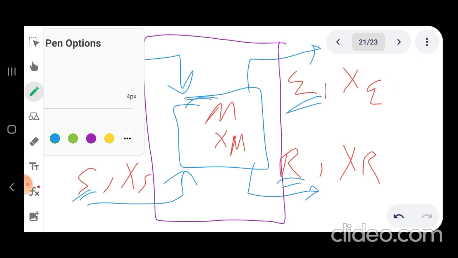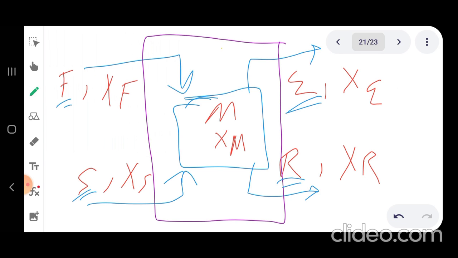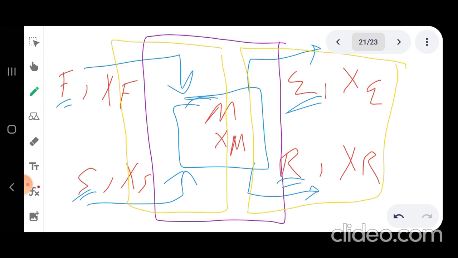Now suppose you want to do material balance on subsystems. For example, you want to do material balance only on this system, or you want to do material balance on this system. Let's start with this system. So simply you have F plus S equal to M, right?